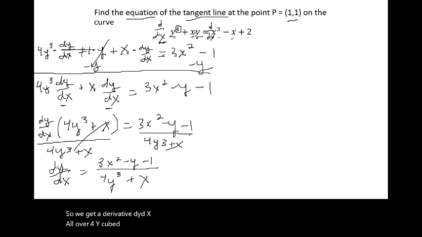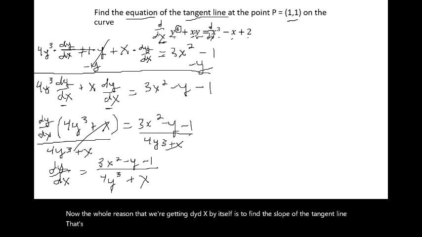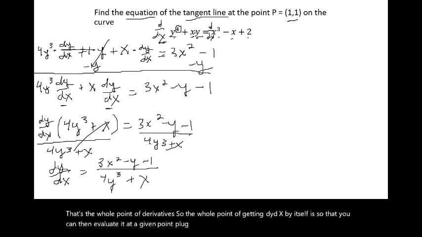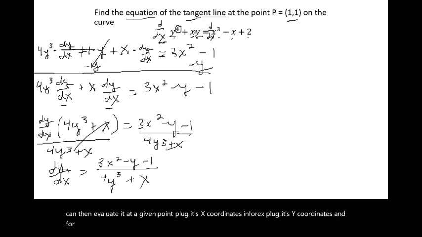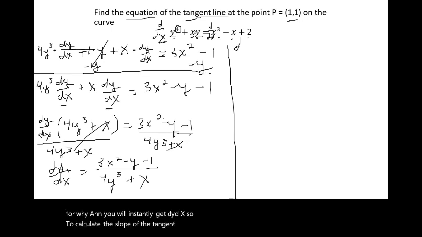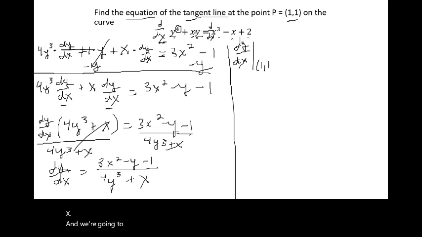Now the whole reason that we are getting dy dx by itself is to find the slope of the tangent line. That's the whole point of derivatives. So the whole point of getting dy dx by itself is so that you can then evaluate it at a given point, plug its x coordinate in for x, plug its y coordinate in for y, and you will instantly get dy dx. So to calculate the slope of the tangent line, we're going to take our dy dx and evaluate it at the point 1, 1.